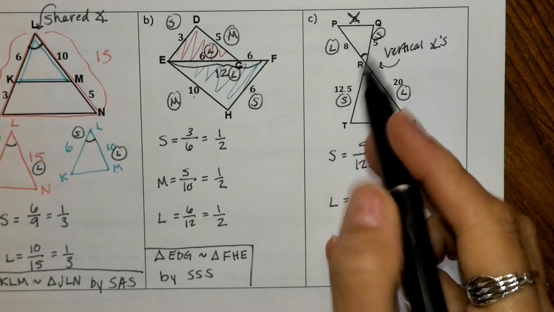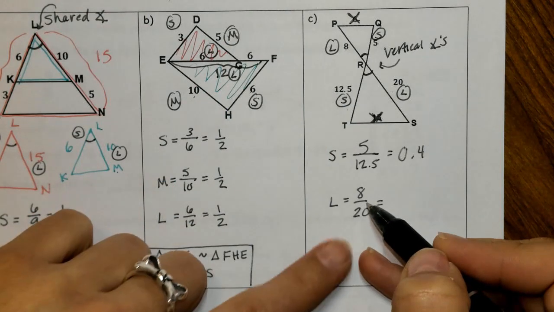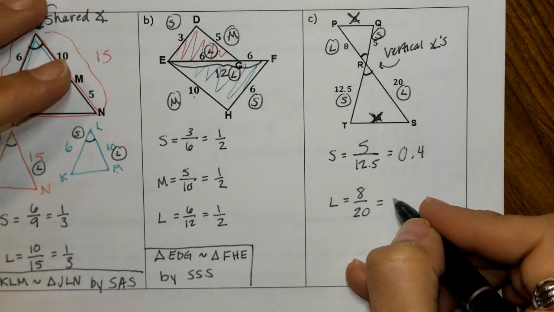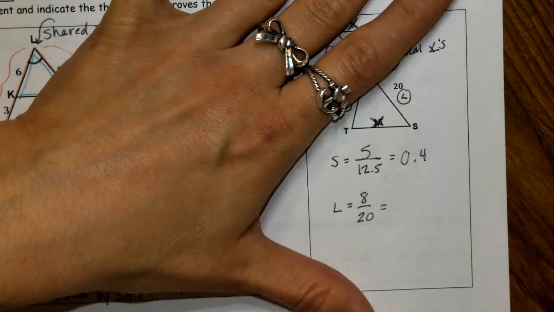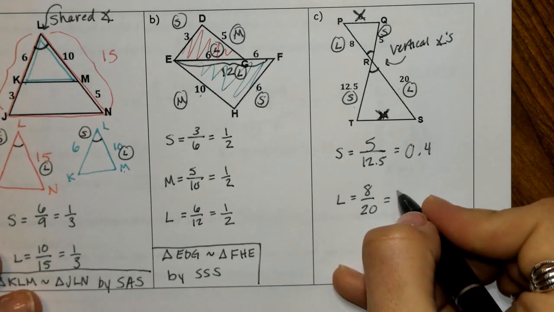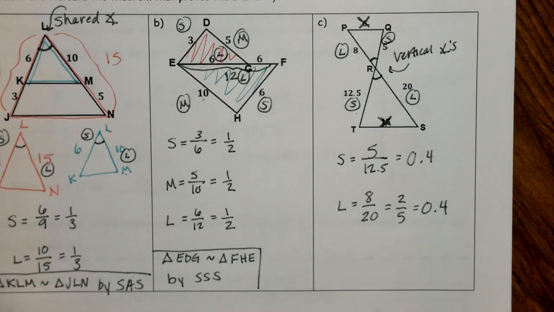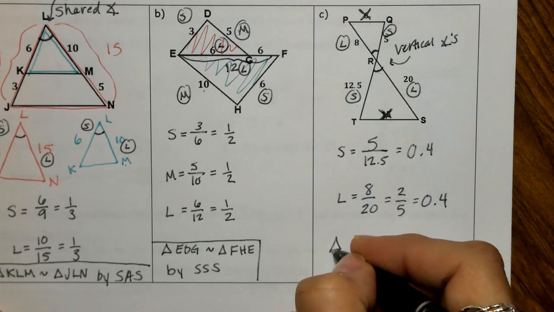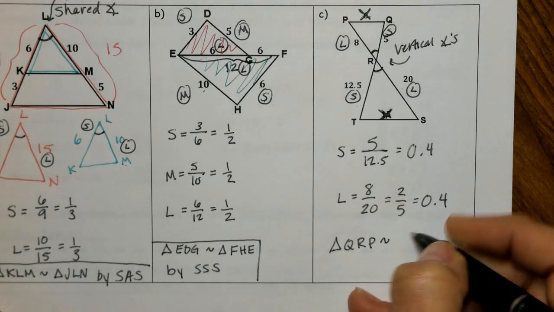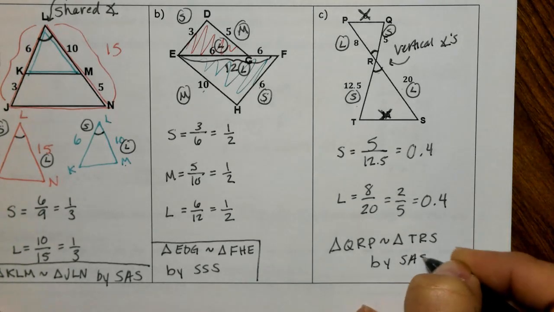Over here, we've got our 8 over our 20. Because this one automatically came out to a decimal, this one's going to come out to 2/5. Sorry, I'm writing this all crappy because I'm trying to rush. Here, it's the last one. Slow down. 4 goes into both of these, making it 2 over 5, which does come out to 0.4. So now that I have proportional sides and the included angles of both of them are congruent, we can say that triangle QRP is similar to triangle TRS by SAS.